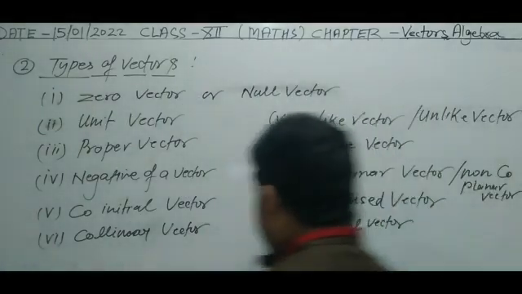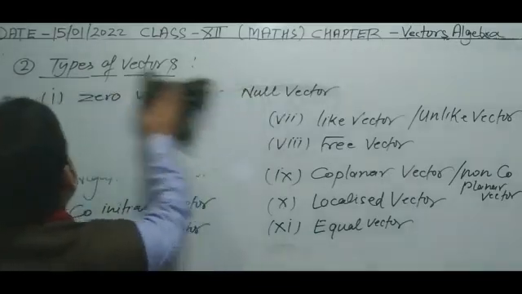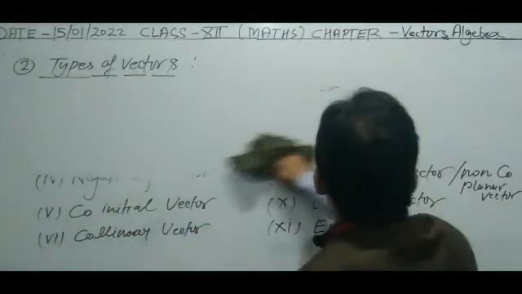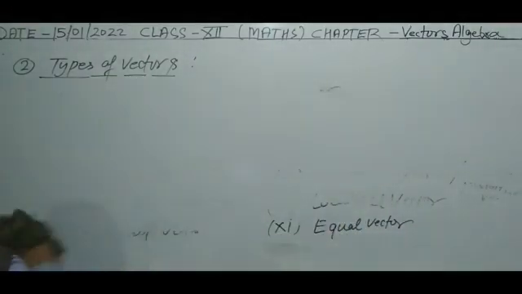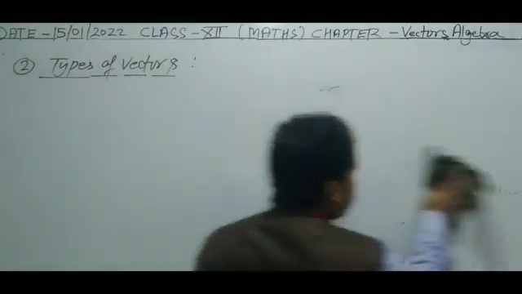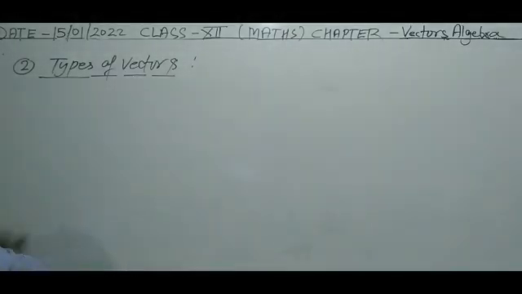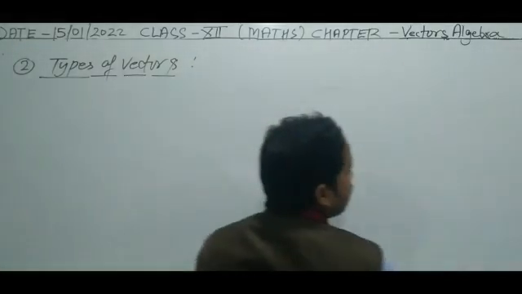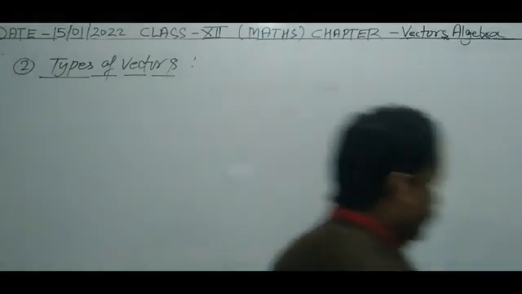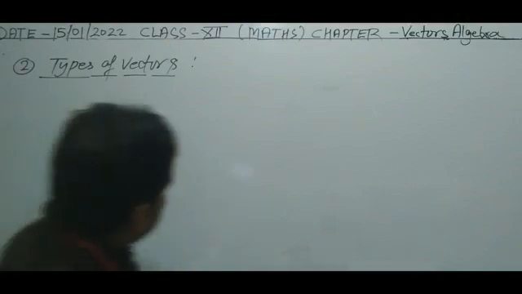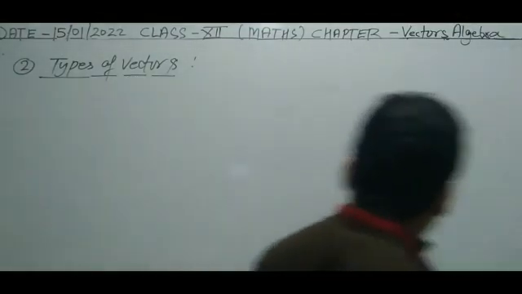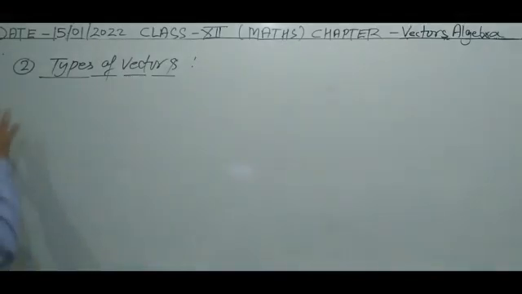Explanation of each vector. So see, in types of vector, the first vector I have written is the zero vector. So what is a zero vector?